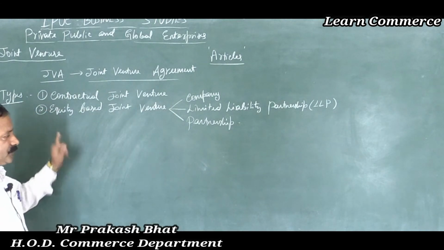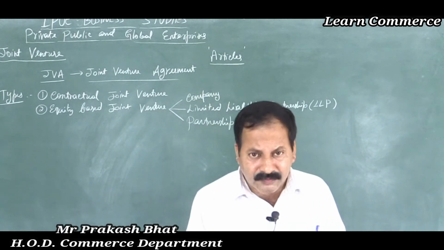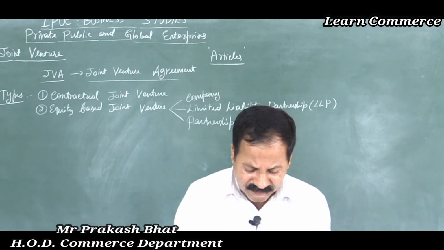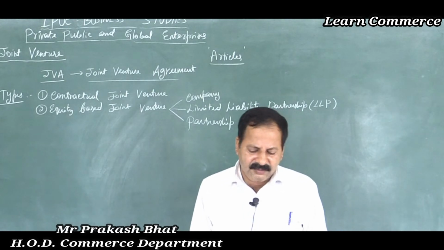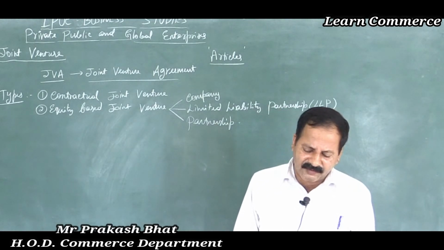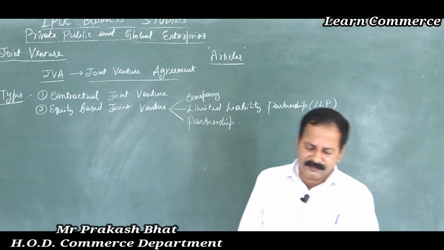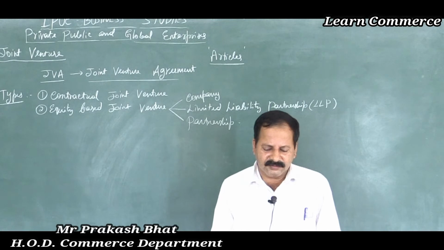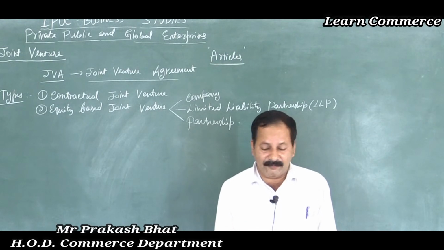Here a new entity will come into existence. A new separate entity will come into existence. So in equity based joint venture, there will be an agreement either to create a new entity or for one party to join into ownership of an existing entity.